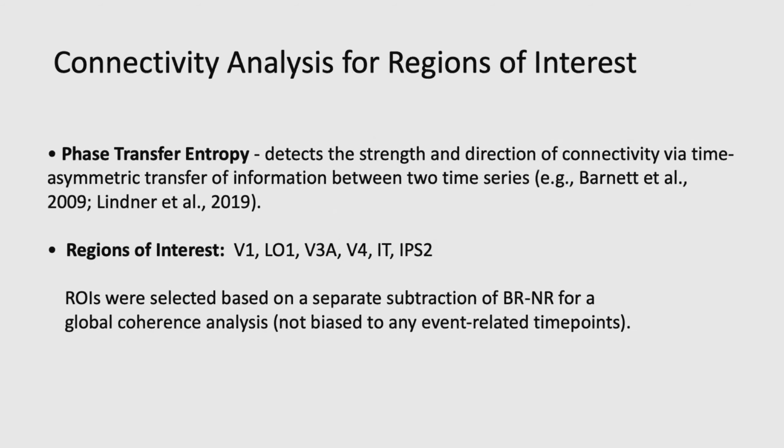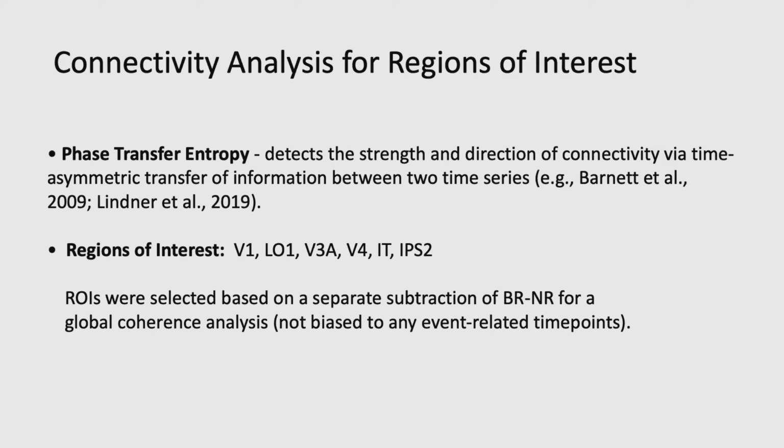Okay. So I'm going to talk now, briefly, about an analysis of connectivity, which would address your question a little bit more. There are many different ways that you can try to calculate connectivity, a lot of different metrics out there. And we used one called phase transfer entropy, which is well integrated in Brainstorm software.